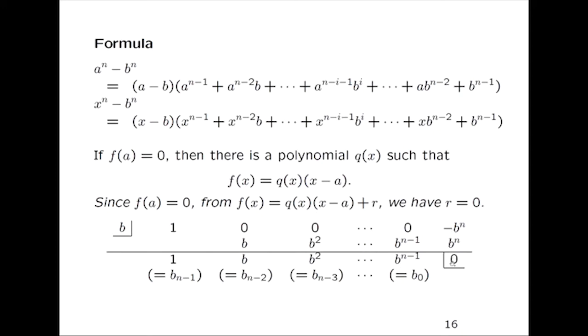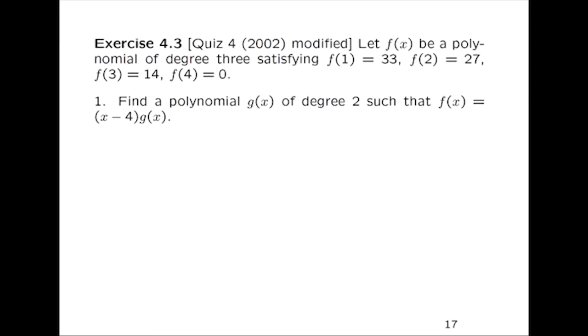So in this case, the remainder is 0, and these are the numbers appearing in the coefficients. Okay, so the first formula I introduced, you can also get it by multiplying out or expanding, but you can also find it by the synthetic division. Okay, all right, let's think about the next exercise.